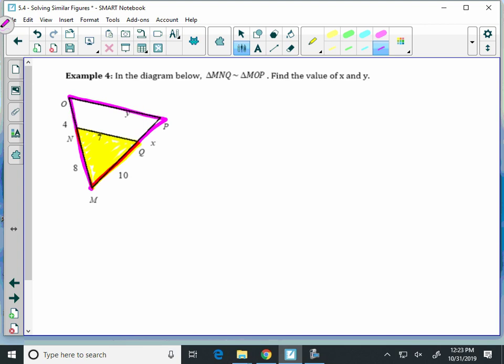I like to call these stacked triangles. It looks like they're kind of stacked on top of one another. They share some parts of their sides. They are similar. So mark your angles.